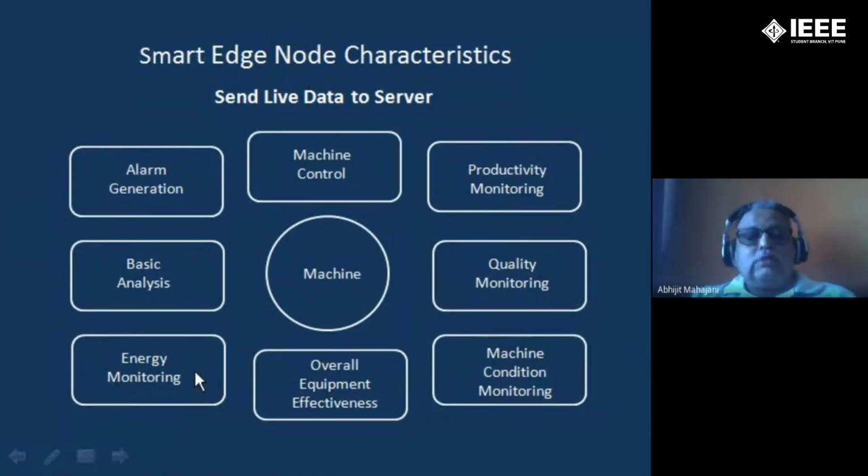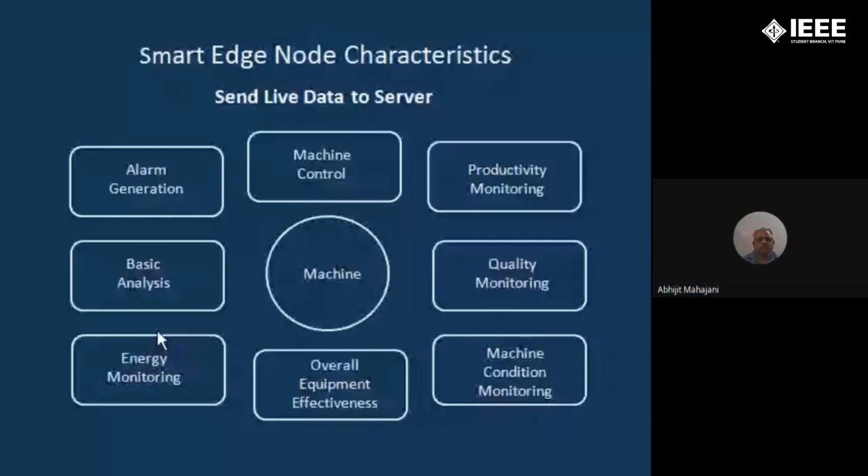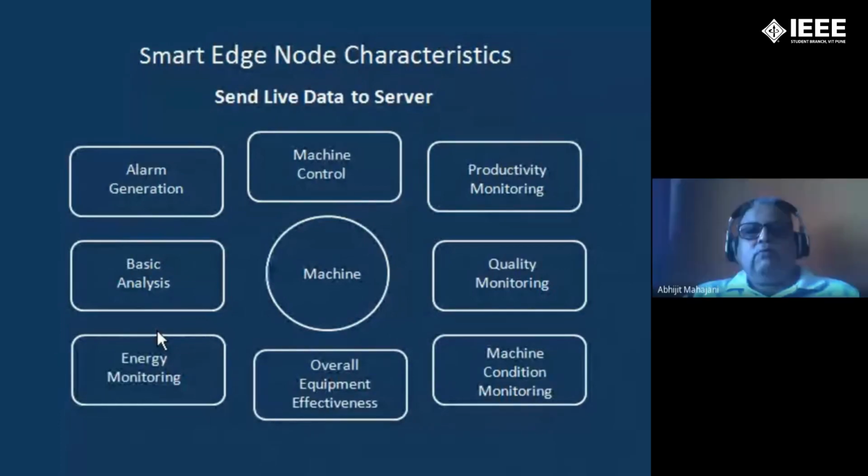Then with all this, you need some kind of basic analytics. Why basic analytics? Because if you start collecting the data and dumping it on the server, you need huge server space. That's one thing. Second thing is, you don't know which data is there, or when it is. What are you going to do with that data? Unless there is a problem, you won't be searching that data.